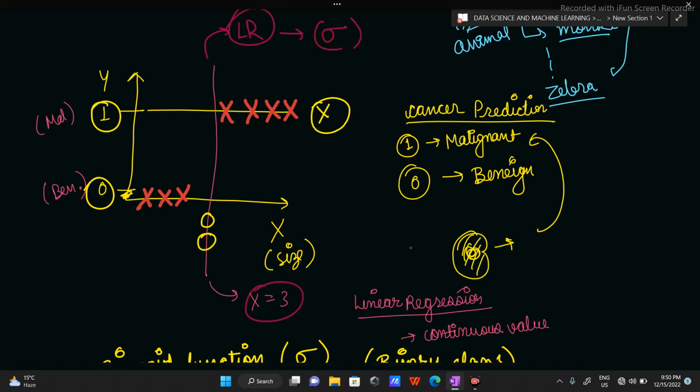Now, sigmoid will give me a value within the range of 0 to 1. Linear regression will give me values here, here, here, here. So it is a continuous range of values, right? But sigmoid will shrink down these values from 0 to 1.